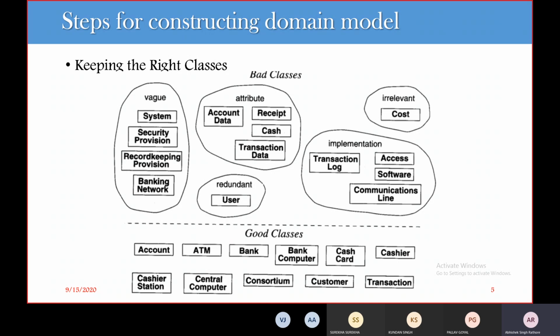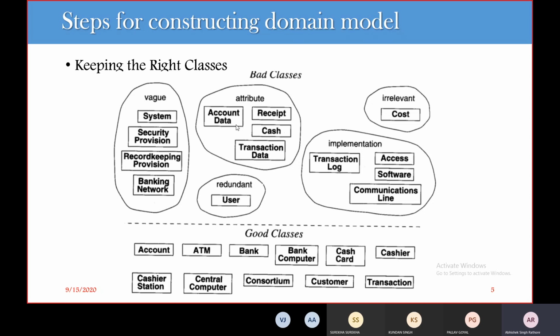For example, name, birth date and weight for an employee's office or a student in our classes. We have to identify all those things in our ATM classes. In this ATM example, we again have some data: account data, receipt and cash, and transaction data.